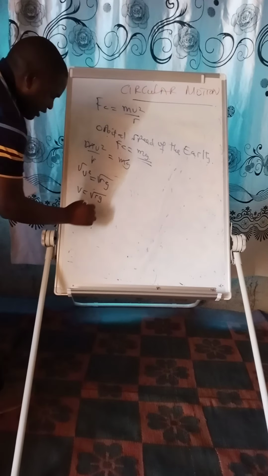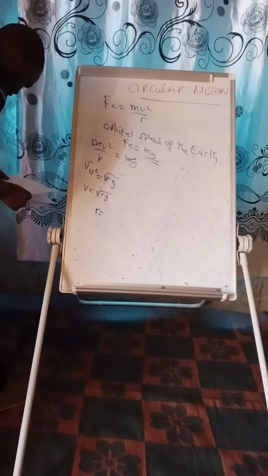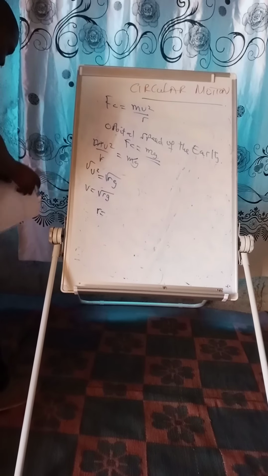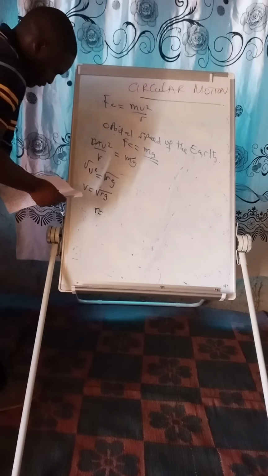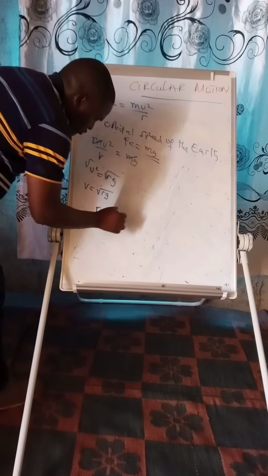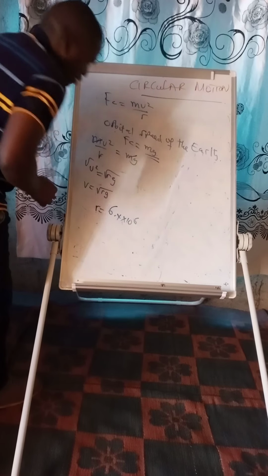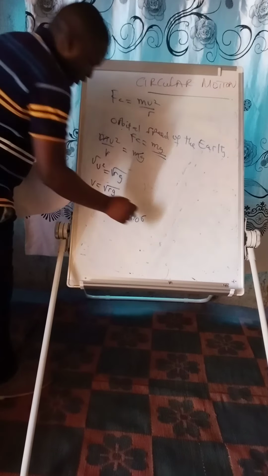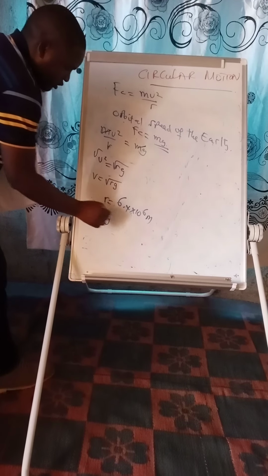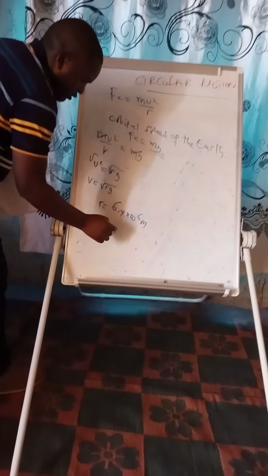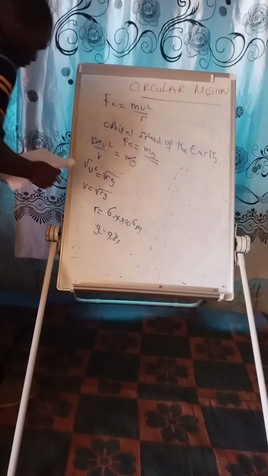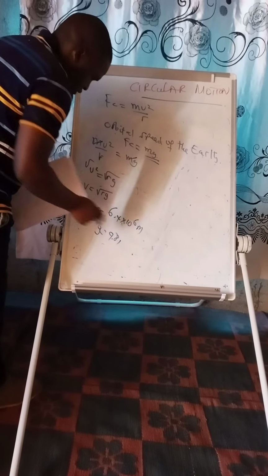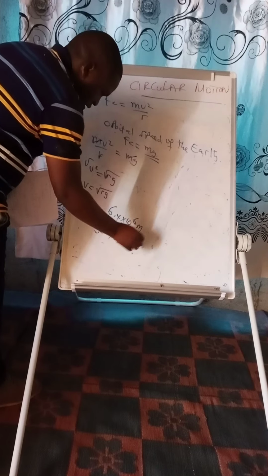The radius of the Earth is approximately 6.4 times 10 to the 6 meters, and our g is 9.81 meters per second squared.